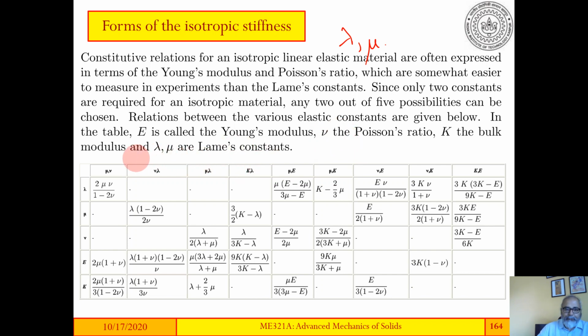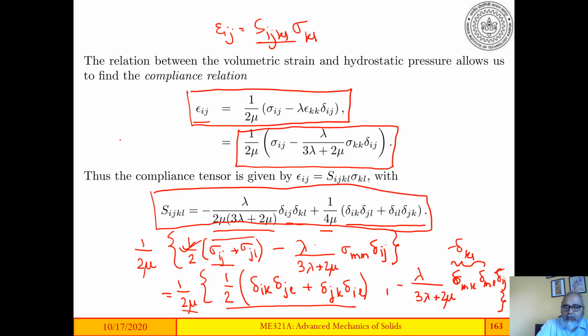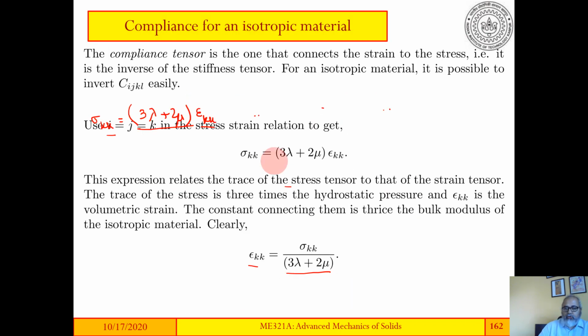So this table here is a conversion of different constants in terms of different others. For example, this quantity here actually relates epsilon kk, which is del u1 del x1 plus del u2 del x2 plus del u3 del x3.